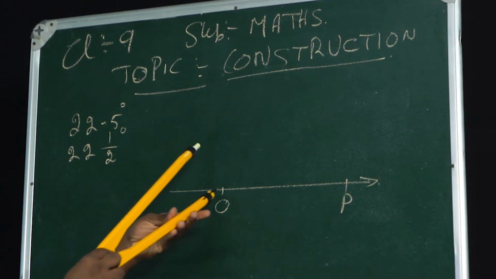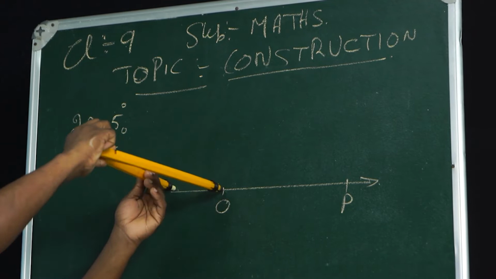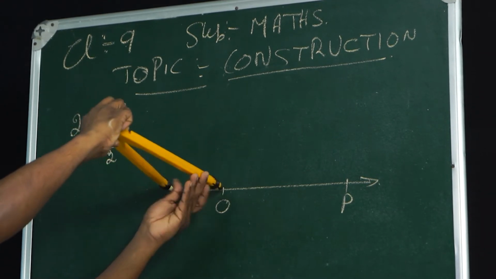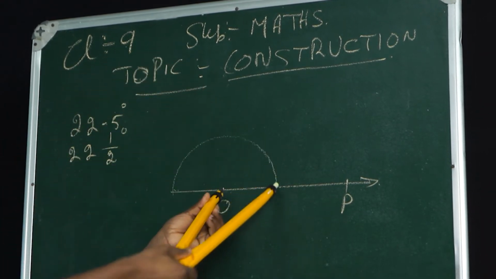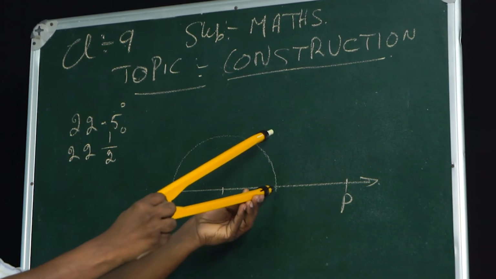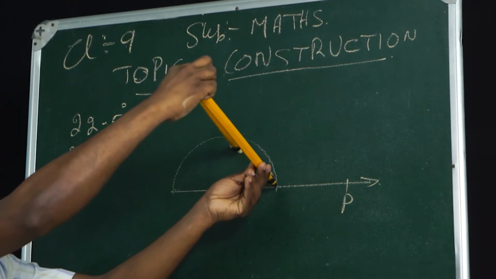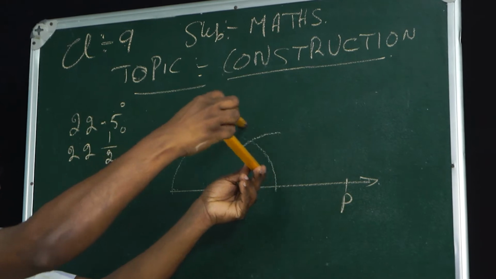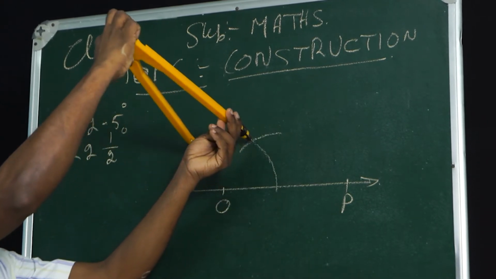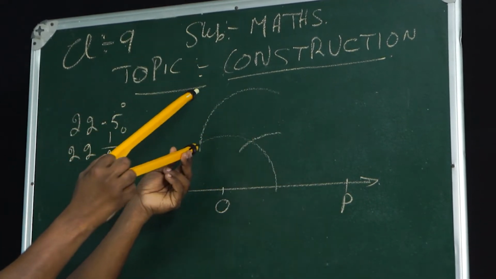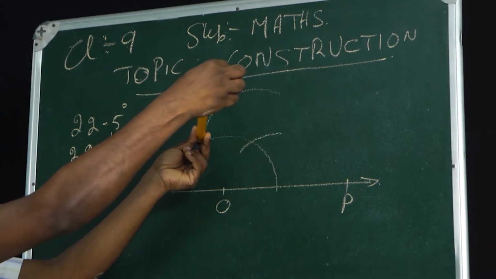Yes? Keep the compass at point O, 90 degree. Yes? Keep here. One arc, again another arc. Yes.